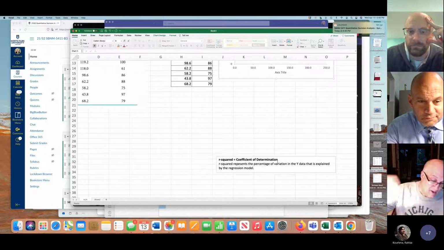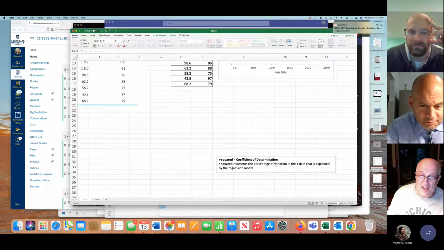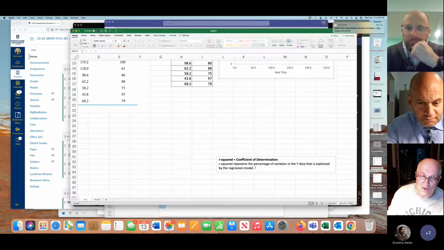It's like denominator and numerator. No one would ever name those things today. They would call it top part of fraction, bottom part of fraction. And most people don't say coefficient of determination, they say R squared. R squared represents the percentage of variation in the Y data that is explained by the regression model.